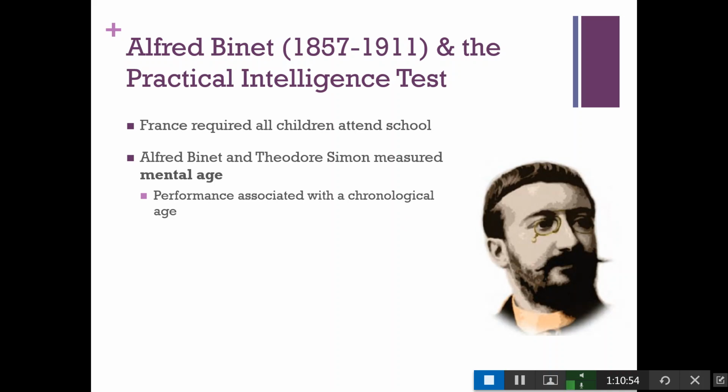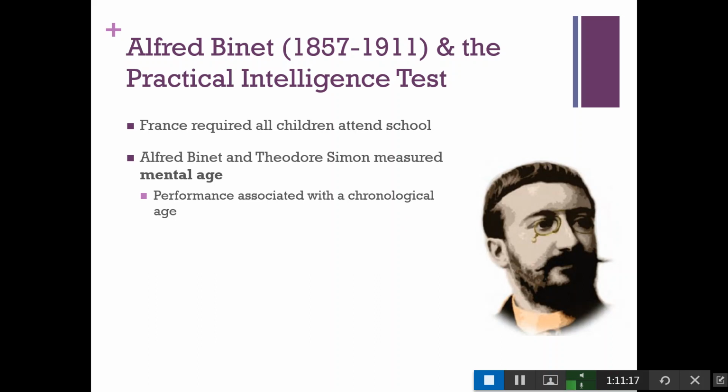Okay, so in other words, what you score on a test is basically going to tell you, okay, I am maybe 15, but I read at a 3rd grade level, right? This is what we call mental age versus chronological age. That's your actual age. So you can be 13 years old, right? That's your chronological age.